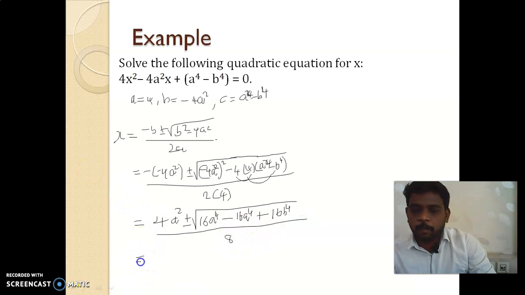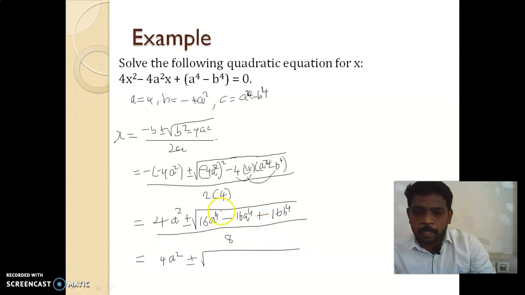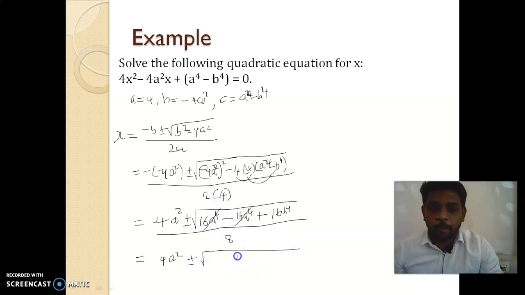So equal to 4a square plus or minus root of 16a power 4 minus 16a power 4 will cancel each other. What about the remaining one? 16b power 4 only inside the square root, and whole divided by 8.